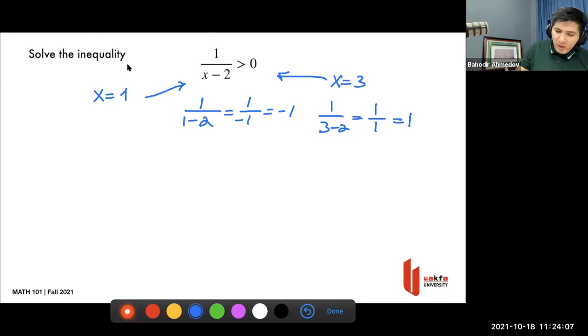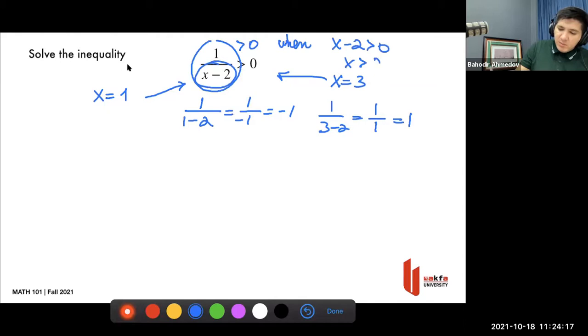It's quite obvious that this ratio is positive when its denominator is positive, when x minus 2 is positive. So that is why x should be more than 2, right?